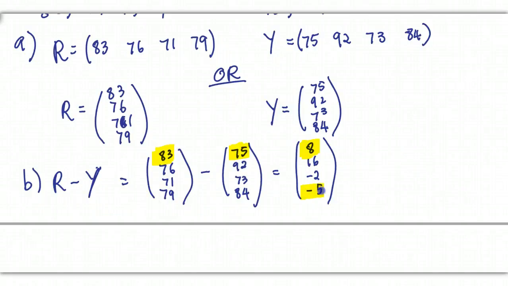If we look at another element, you'll find that it is the same thing. -5 is the difference of their scores in the fourth test.